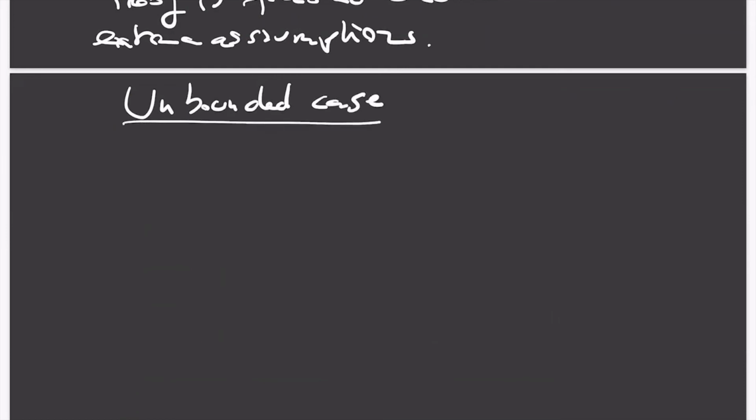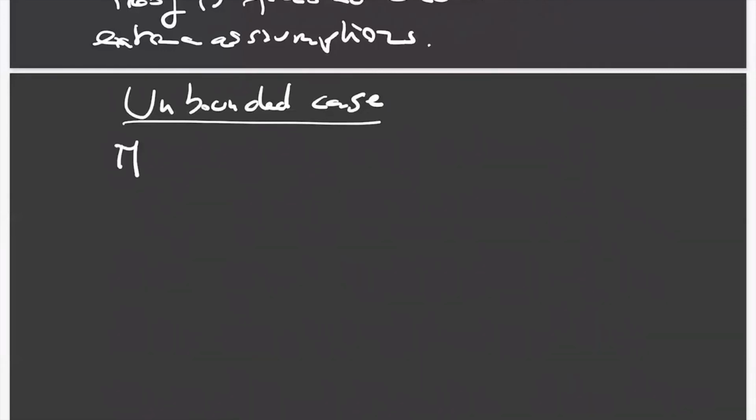Now we have to relax these two assumptions. So first, we have to deal with the unbounded case. Still, we are at an ordinary point, x, but we relax the boundedness assumption. To do that, we simply introduce bounded variables by a truncation procedure.